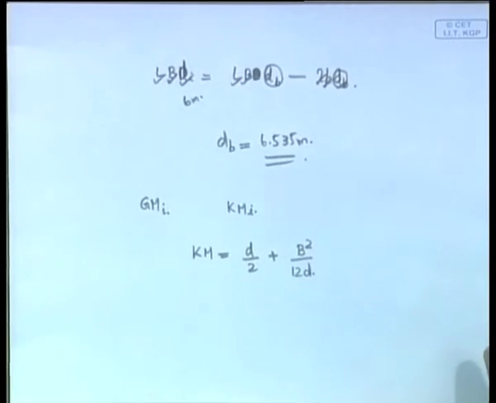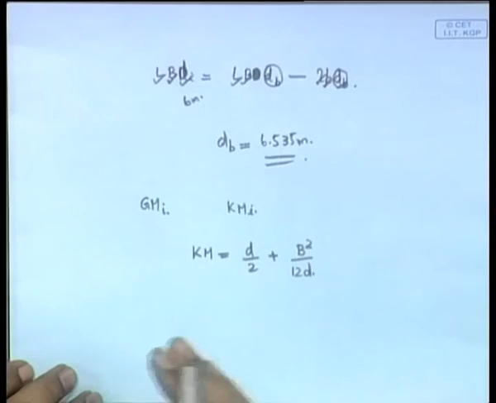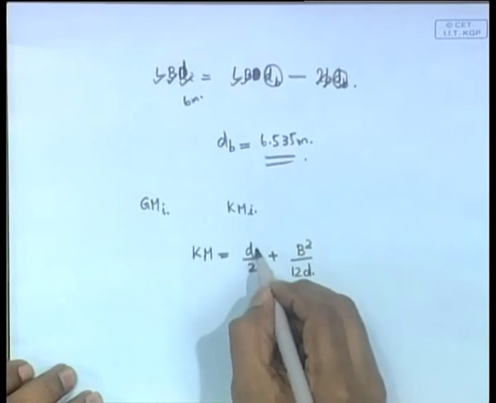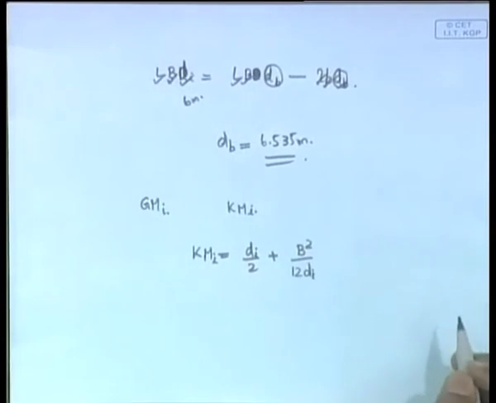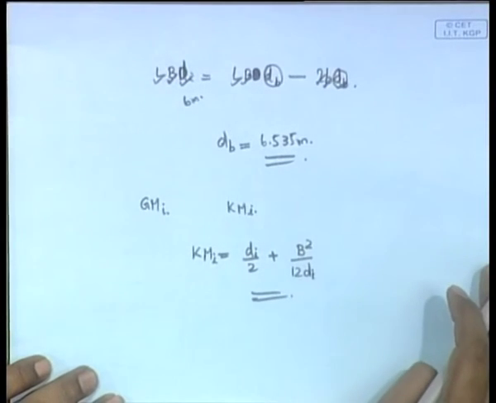We are talking about the initial or intact condition, so KM is equal to d initial by 2 plus b square by 12 d initial. You just do this and you will get the initial KM of the vessel.